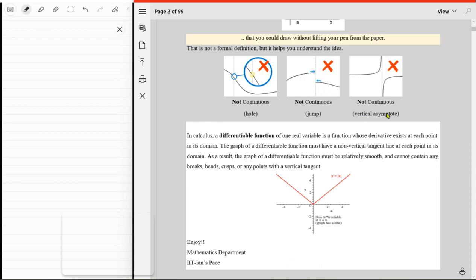And then there are asymptotic functions. These are also discontinuous. Clearly the left-hand limit and right-hand limit are not the same. So you might say it's a jump discontinuity, but no, they are actually approaching infinity. That's why it's an asymptote. It's not a jump discontinuity because it's a special kind of jump.